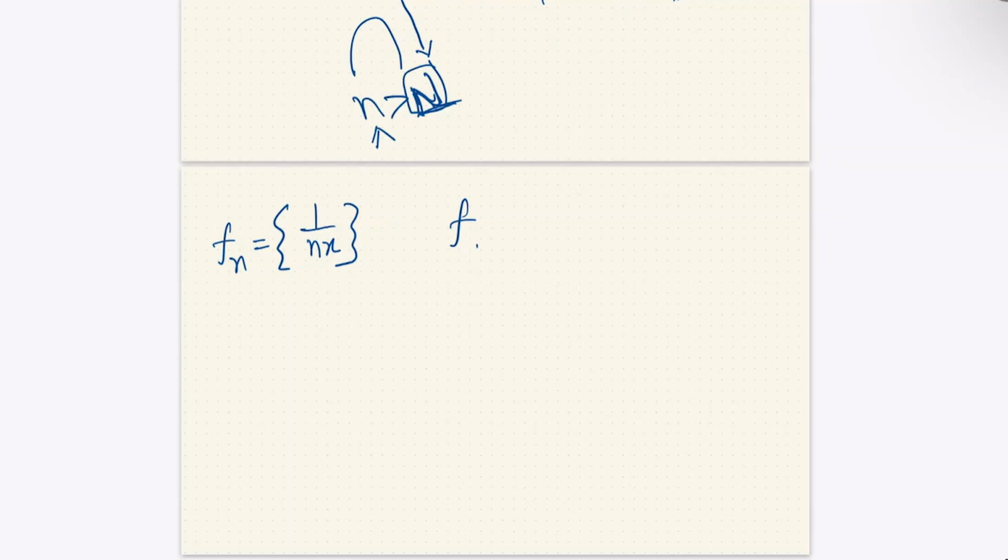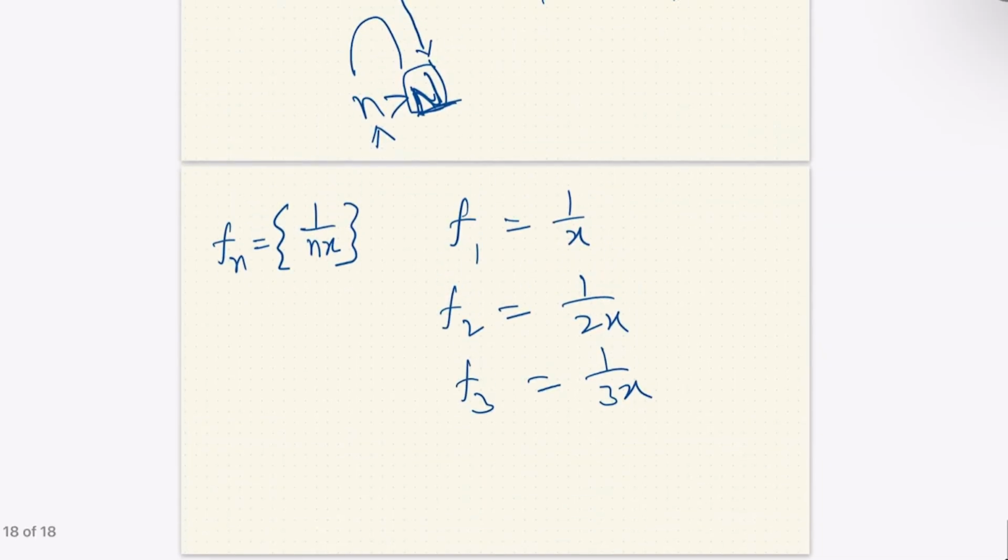Like f1 is 1 by x, f2 is 1 by 2x, f3 is 1 by 3x, and so on. Your fn is 1 by nx.